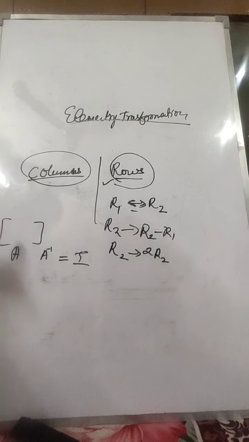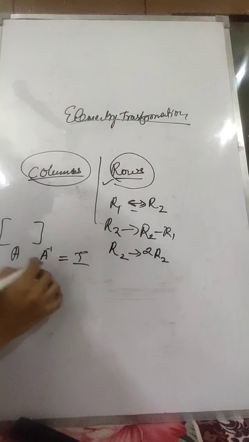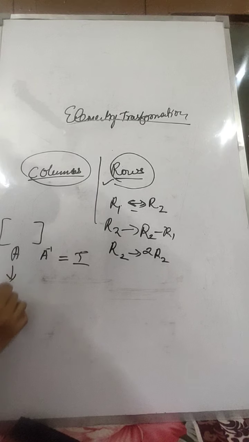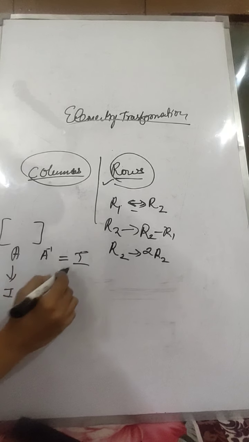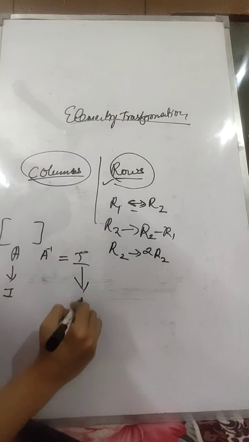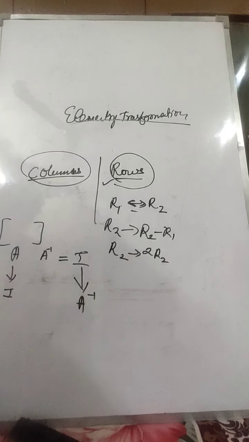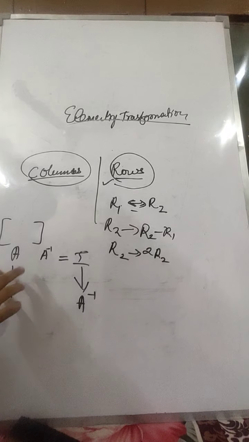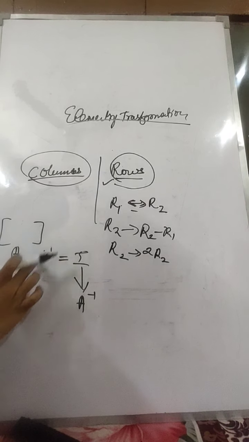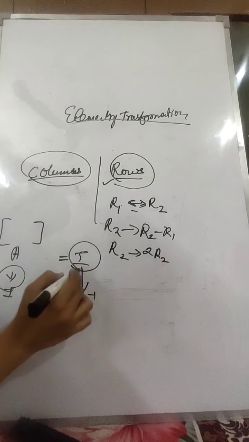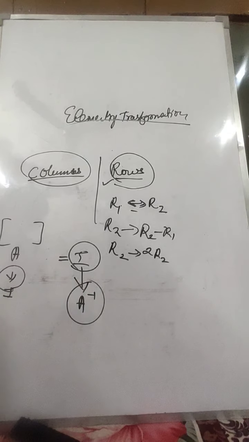So if you are transforming A to I, you will automatically get the A inverse matrix. This is the basic rule that we use for elementary transformation.